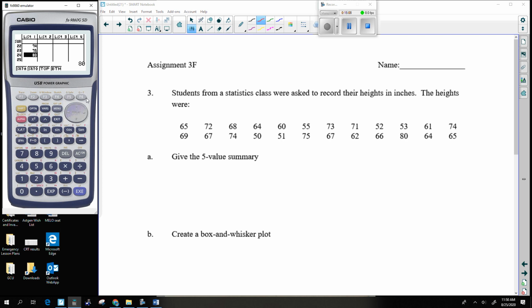All right. So I am going to write these numbers down so I can easily do my calculations.